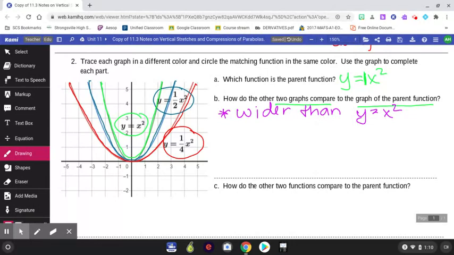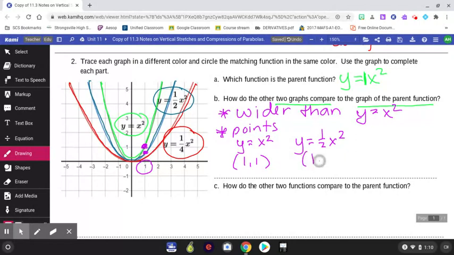Okay. Again, we had picked out some points on that parent function. And so on that parent function y equals x squared, we have the point 1, 1. In fact, we had talked in class that the point 1, 1 is always on the parent function. But when I look at the next function, y equals 1/2 x squared, and again, I focus on this x value of 1, now I'm at the ordered pair 1 comma a half.